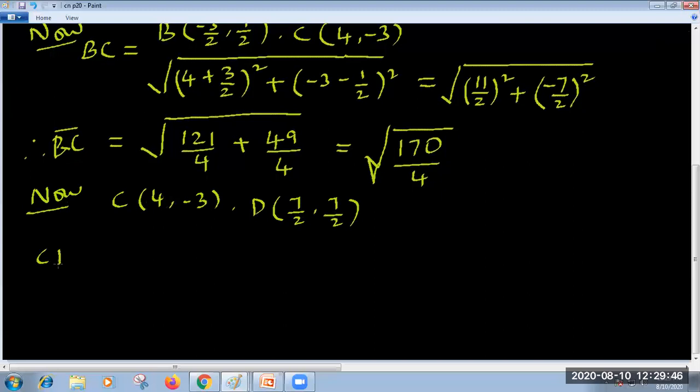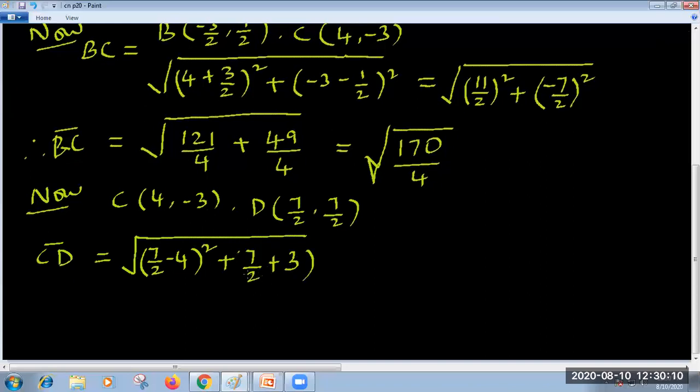Now CD is x2 minus x1, 7 by 2 minus 4, whole square, plus y2 minus y1, 7 by 2 plus 3, minus minus will become plus.